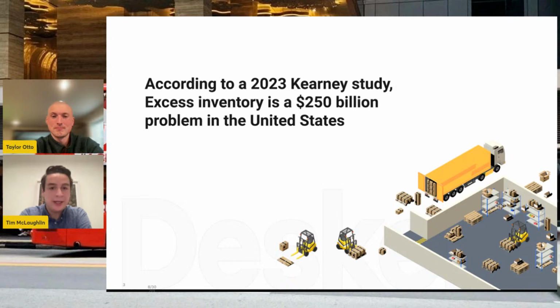And I found this really interesting quote: according to a 2023 Kearney study, excess inventory can be a $250 billion problem in the United States. And additionally, we are currently sitting on $1.8 trillion of inventory throughout warehouses in the US.